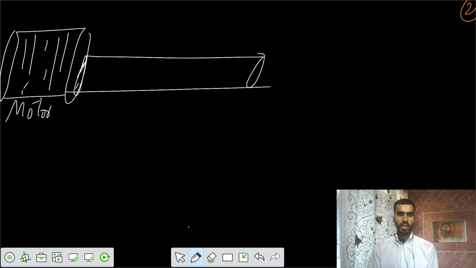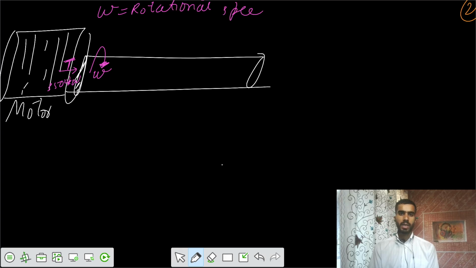The shaft is connected to the motor, and the motor is transferring some torque T, given in this problem as 3500 kilowatts, and it's rotating with some angular rotational speed omega, in radian per second. And this is the length of that shaft.